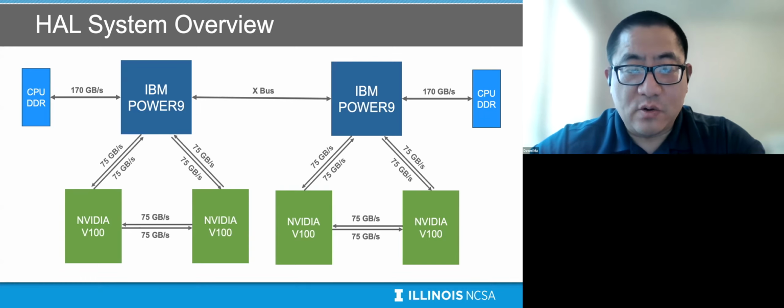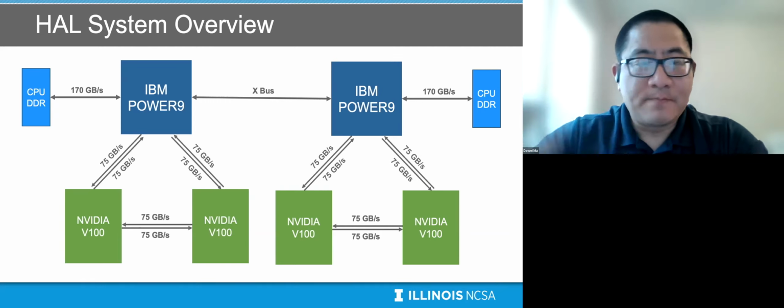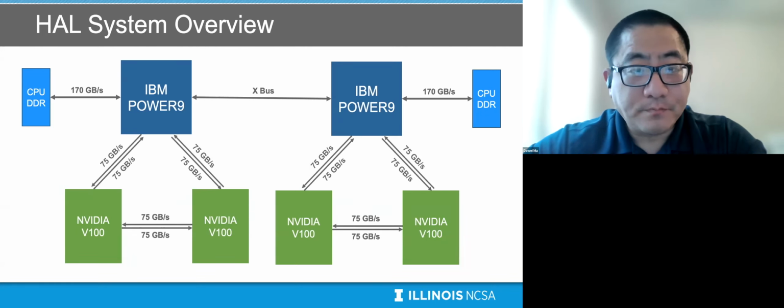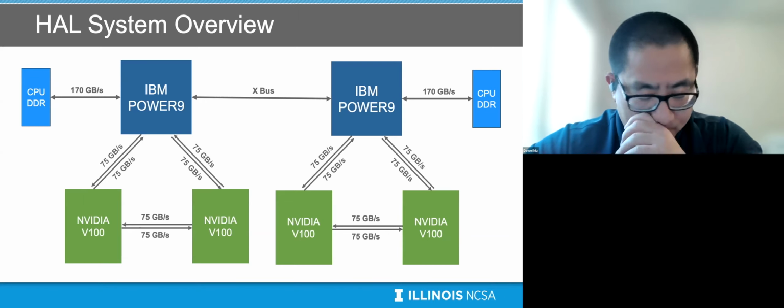These 2 CPUs are connected by a high-speed XBus, and each CPU connects to its memory with a bandwidth of 170 gigabytes per second. And then we can find there are 4 Nvidia GPUs. Each socket directly accesses 2 GPUs.